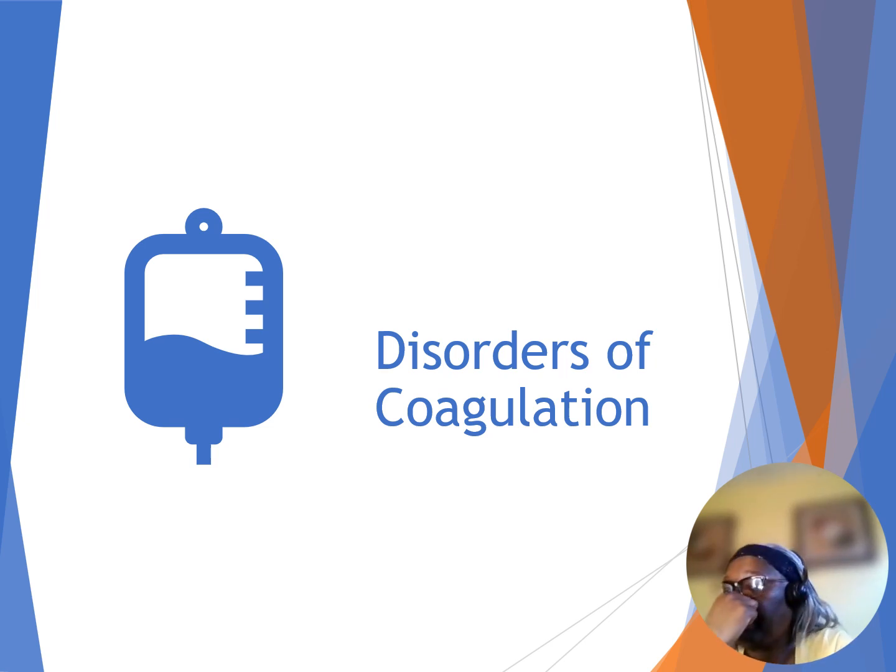Now remember, I'm just saying FYI, in case you don't recall from your A&P, the liver is responsible for making some of those clotting factors. Okay, just saying. A disorder can be congenital or acquired, secondary to another disease, or it could be from medication toxicity.